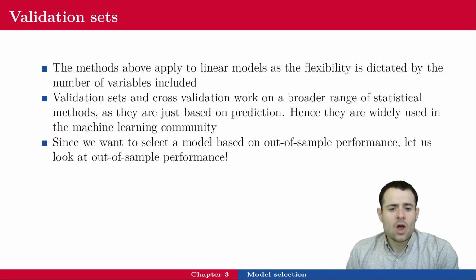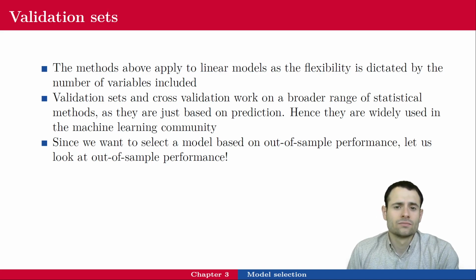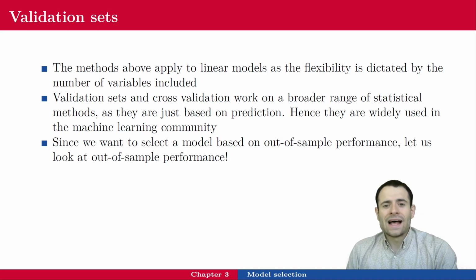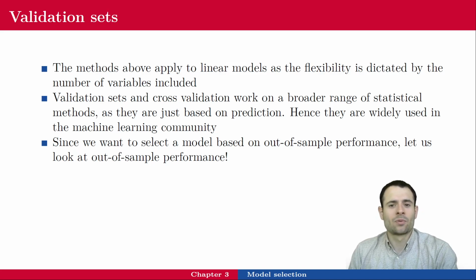As mentioned before, we want a model based on out-of-sample performance. We don't care about doing too good in the training sample. If we do too good in the training sample, we are overfitting, and we want to avoid that. So, we should somehow assess out-of-sample performance one way or another. This is not something we did so far.